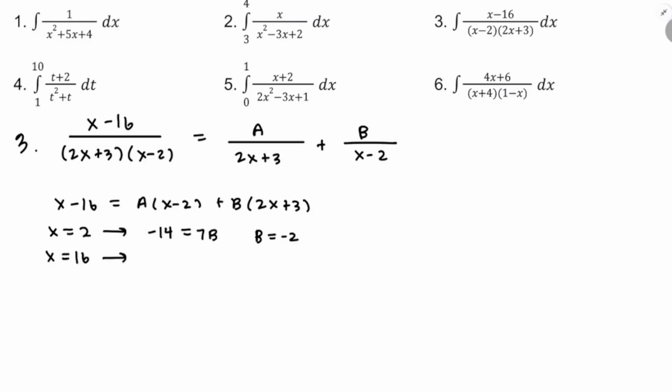Okay, so that would be 0 equals 14a plus negative 2 times 2x plus 3. Okay, 32 and 3 is 35.